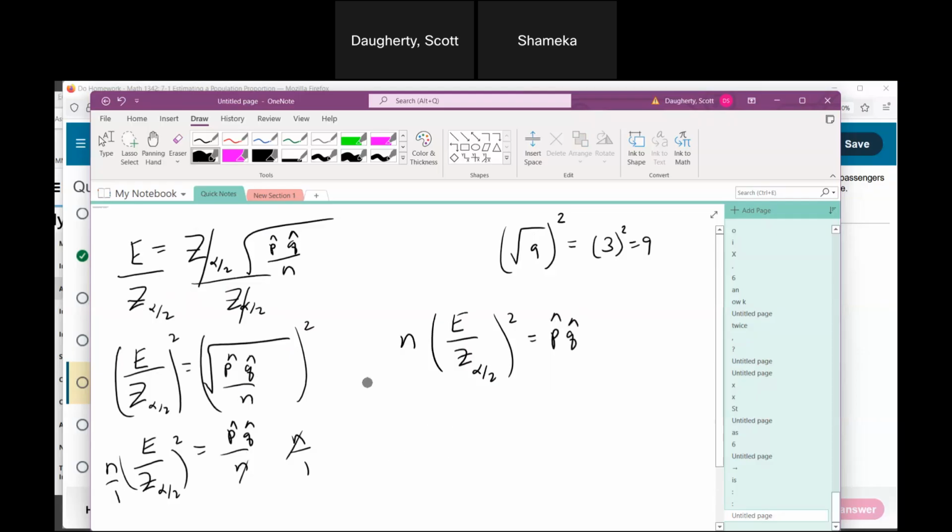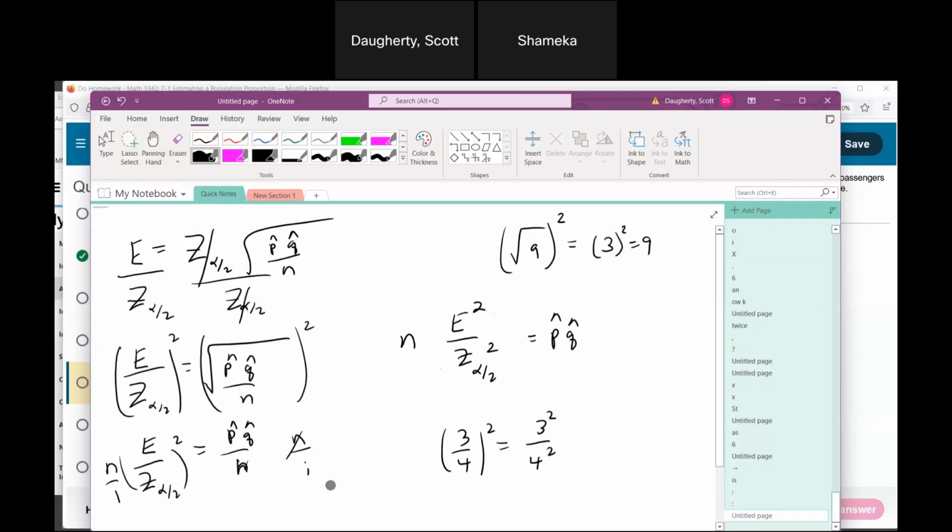And then the last thing I'm going to do is multiply by, well, you can actually think of this. When you square this, you can square the top and then the bottom. So it's the same as E squared over Z squared. Right? If I have like 3/4 squared, that's the same as 3 squared over 4 squared.